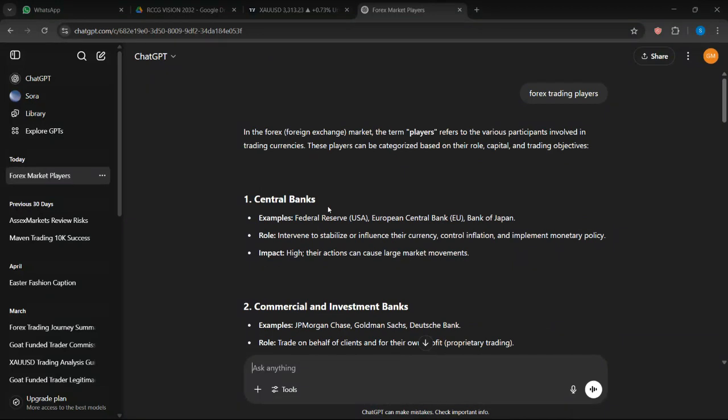Now we have the big players, the central banks. Examples are the Federal Reserve, European Central Bank, Bank of Japan. Their role: intervene to stabilize or inflate their currency, control inflation, implement monetary policy. Even you coming into this skill will help you to be on your toes to understand what the world economy is saying.